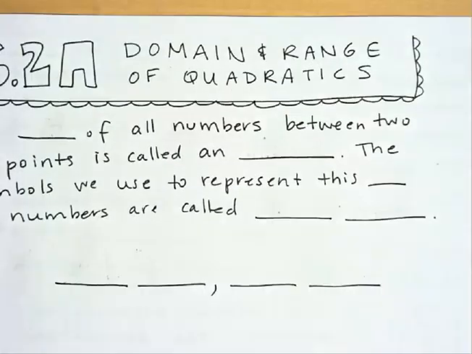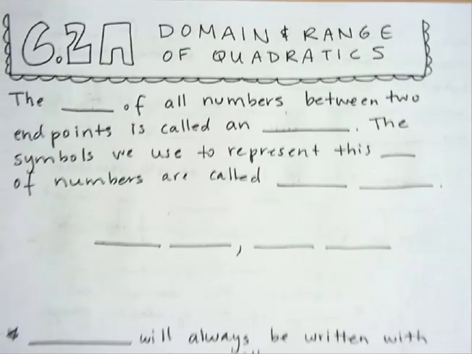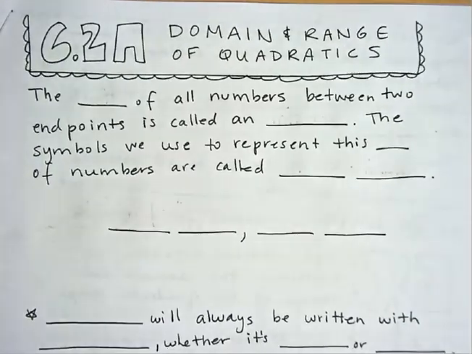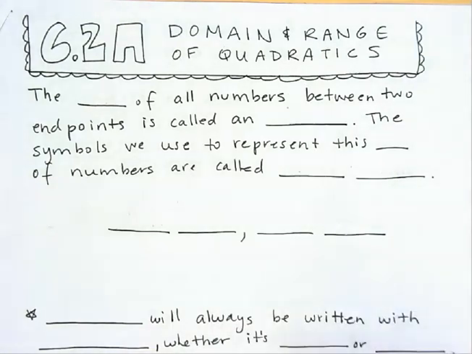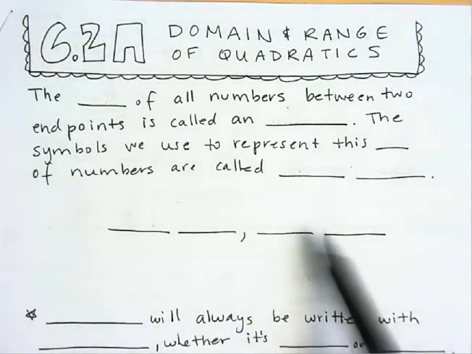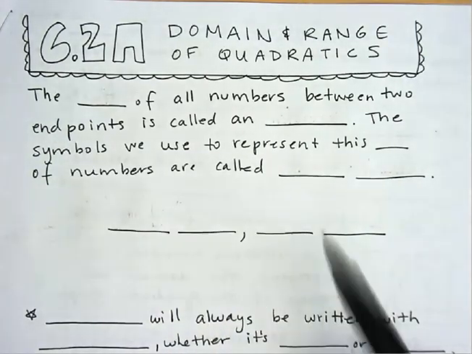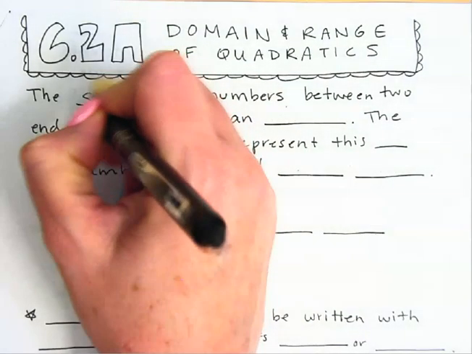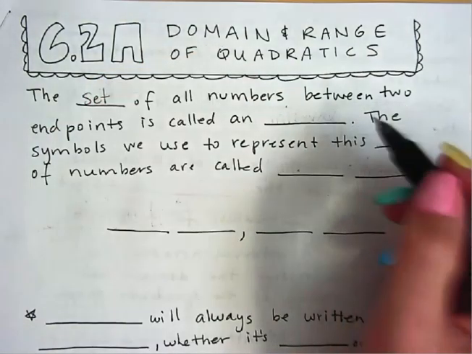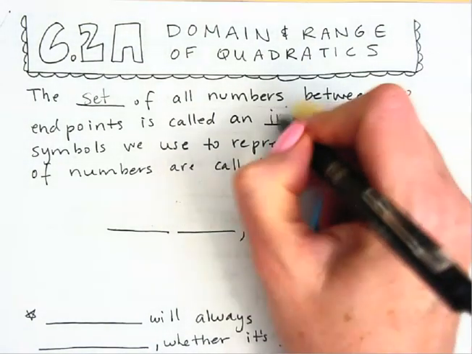All right, so on the notes, this is 6.2a, domain and range of quadratics. We're going to start with a fill-in, and then we're going to talk about the symbols for interval notation. The set of all numbers between two endpoints is called an interval.